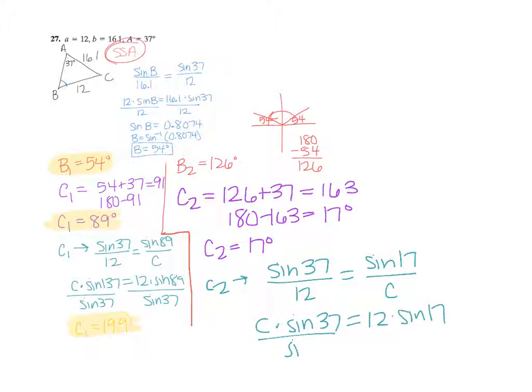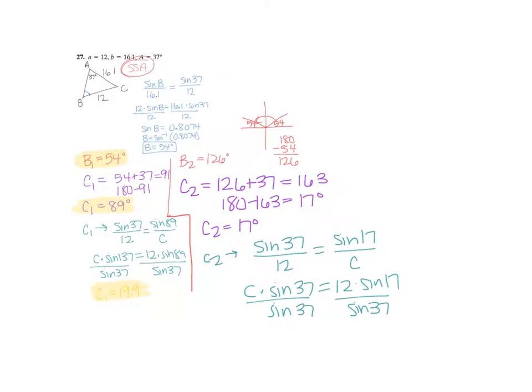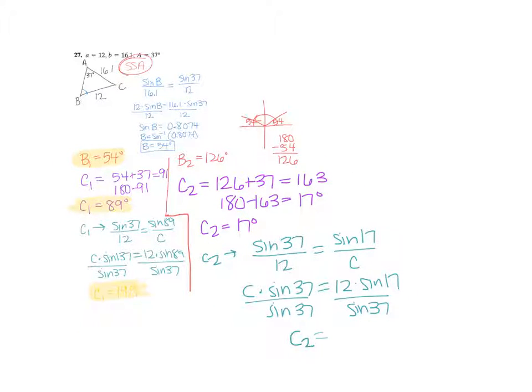Divide by sine of 37. And we should be able to just type that in the calculator. And it'll give me c2. You should get 5.8. So then those are our second set of answers.